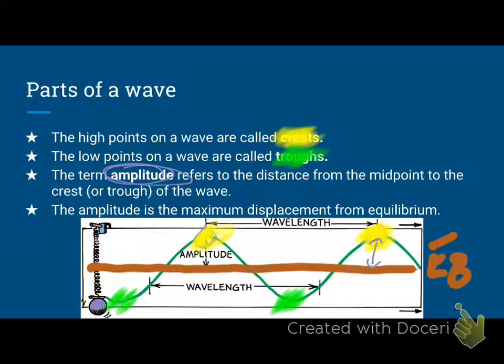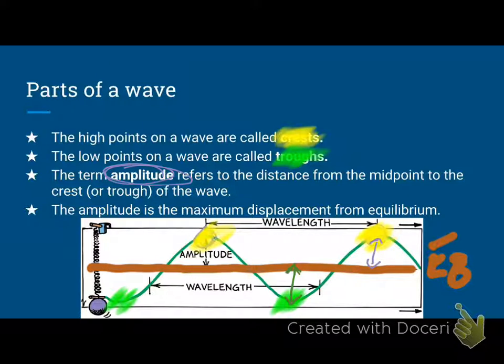Now, if we look at the amplitude, we have it drawn up here on this left-hand crest, and I just drew it in on the right-hand crest. How does that distance compare to, say, if we drew it down here from that equilibrium position to the trough? It's the same.